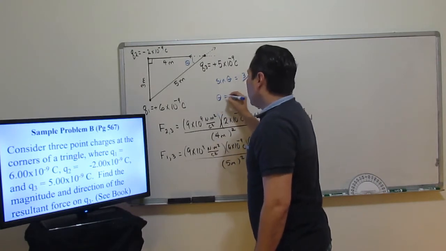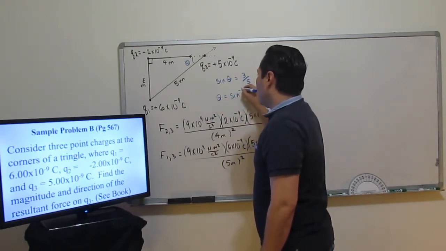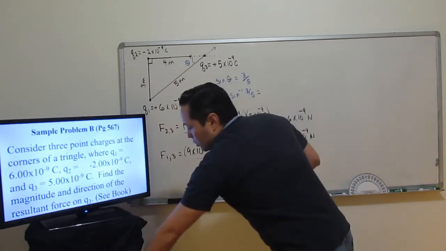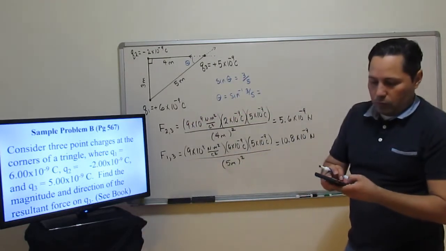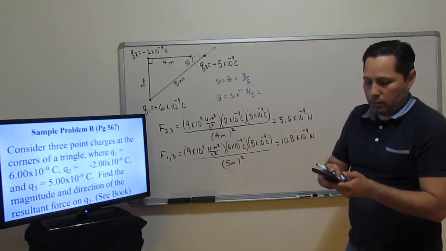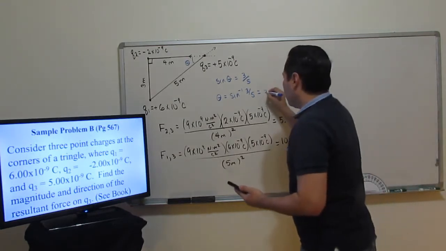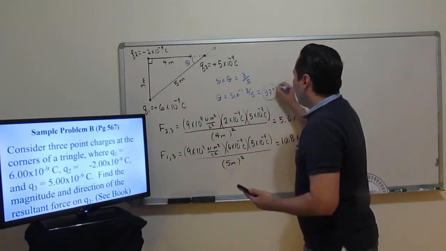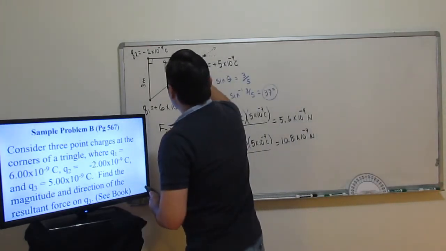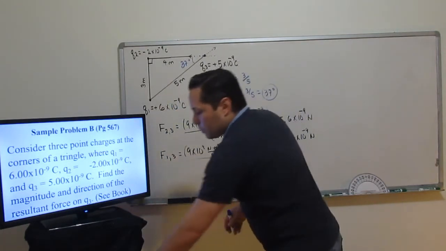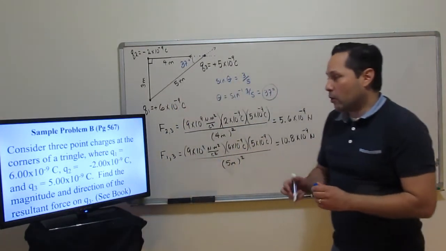So the angle theta is equal to the inverse sine of 3 over 5. The answer for that, I'm going to round it off to 37 degrees. That is this angle right here. It is 37 degrees. So we got all the forces, we got the angle that we needed.